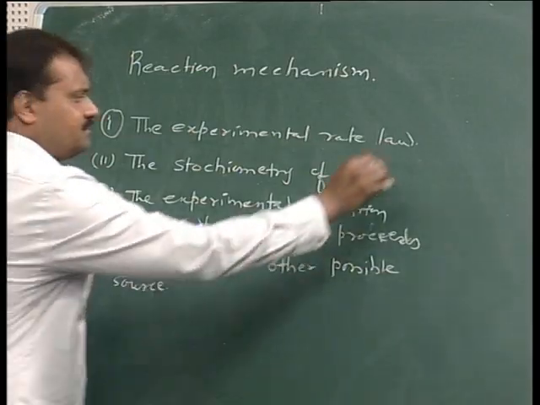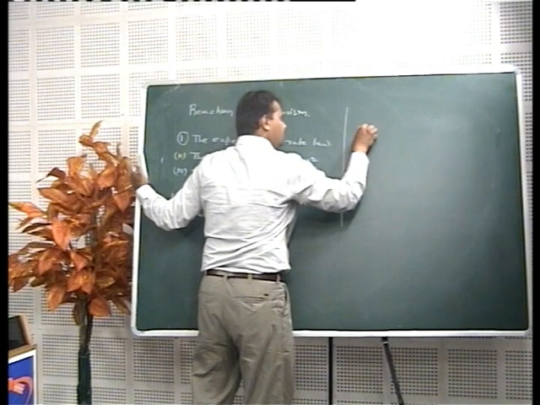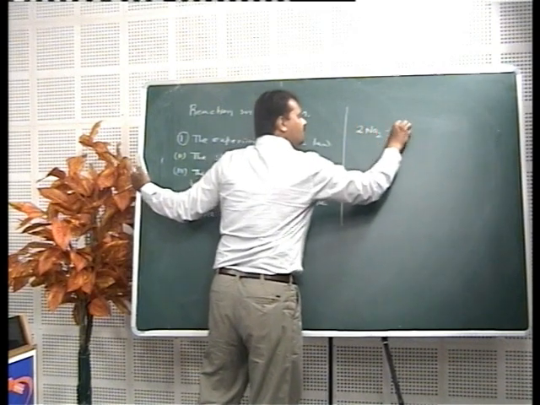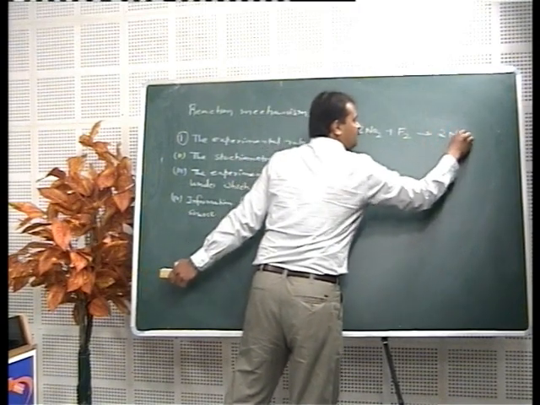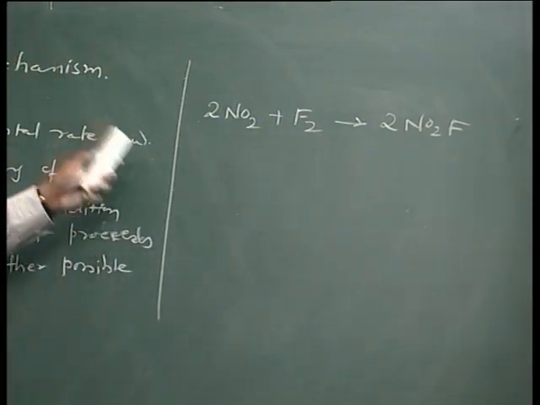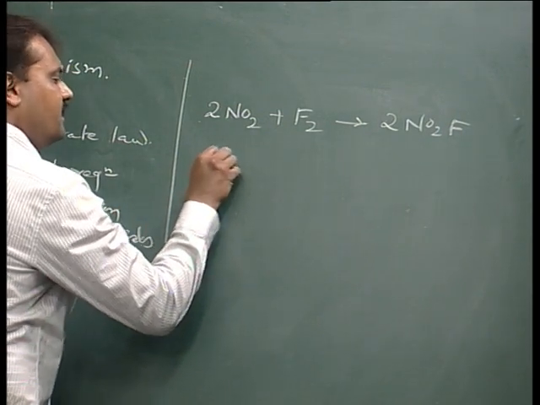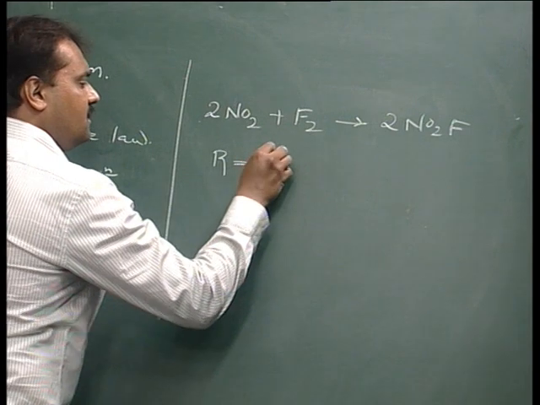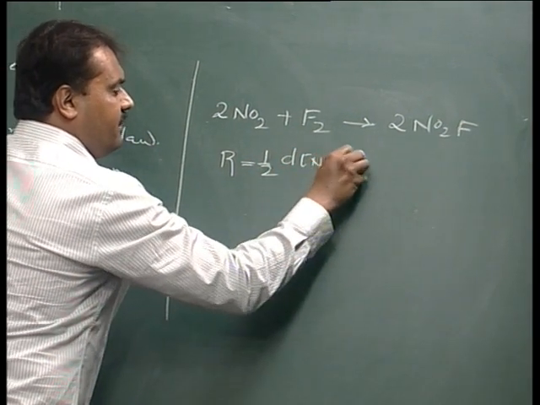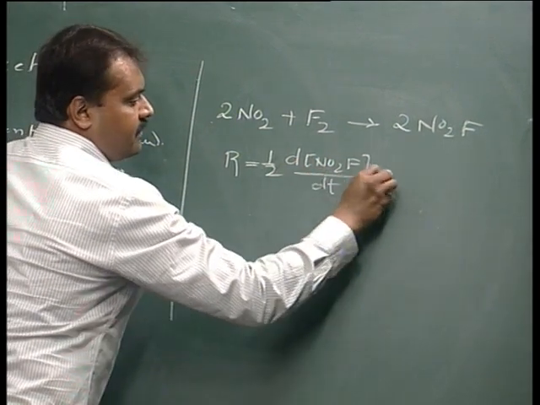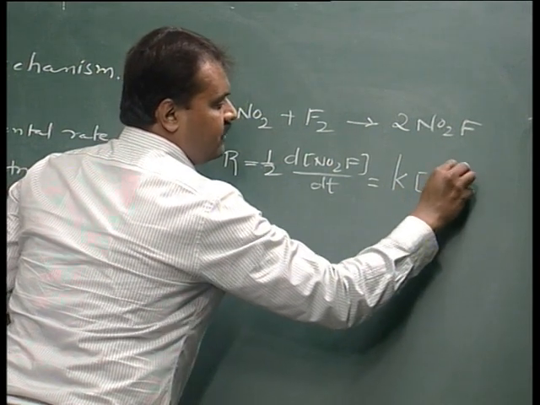For example, the reaction is one in which, say, 2 NO2 plus F2 reacts to give 2 NO2F. This is one reaction which has experimental rate law as R is equal to 1 by 2 d[NO2F] by dt is equal to K into [NO2][F2].